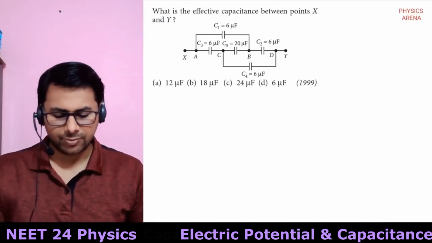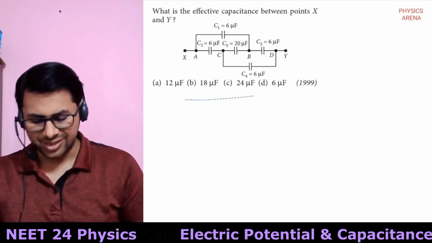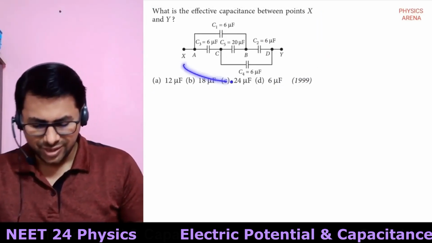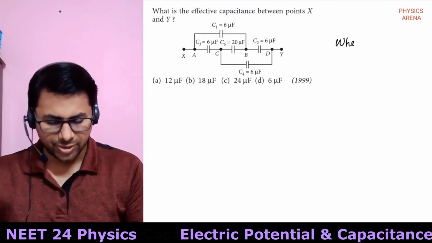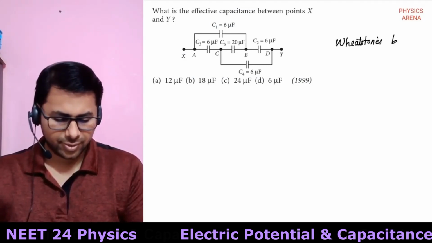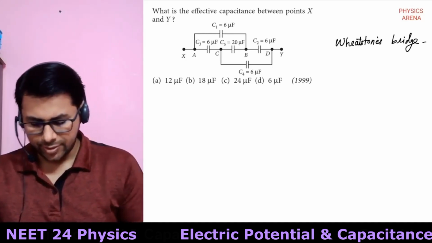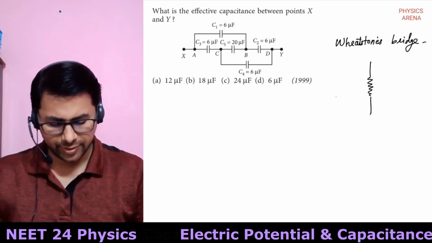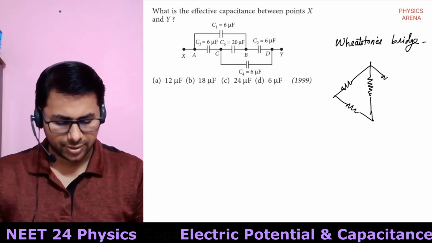What is the effective capacitance between points X and Y? This is an old question, but a nice question. If there is a combination like this, it is a Wheatstone bridge, which we'll learn in the next chapter actually. We learn it for resistors.